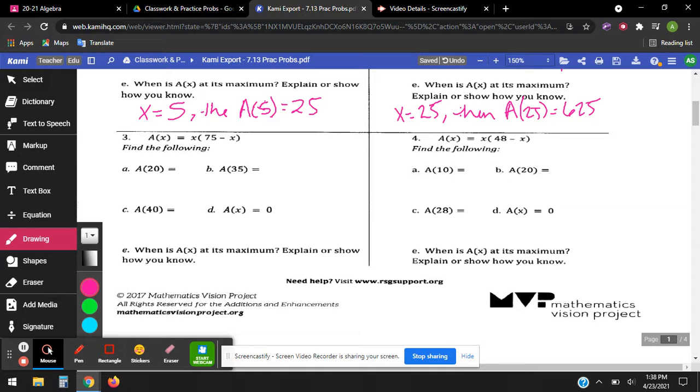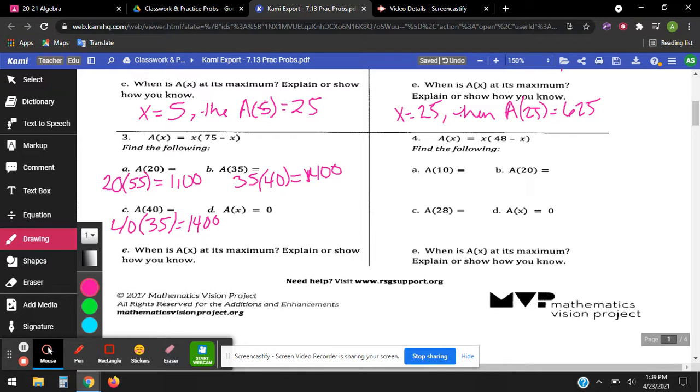All right, try this again. A of 20. So I'm taking 20 times 75 minus 20 is 55, which is 1100. A of 35. So that's 35 times 75 minus 35 would be 40. That is actually 1400. A of 40, so I'm taking 40 times, well, 75 minus 40 was 35. So again, I'm back to that 1400.